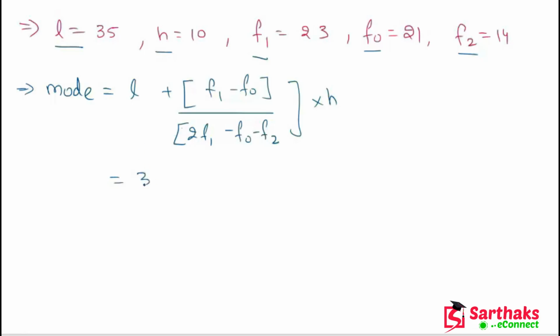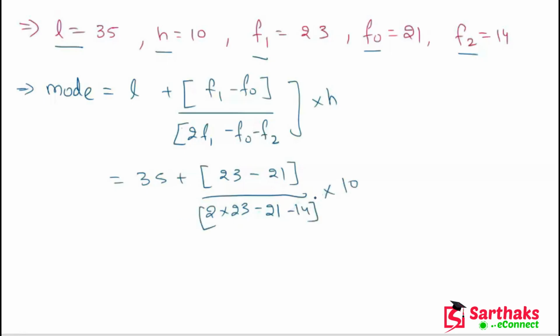So we have 35 plus, f1 is 23 minus f0 is 21, divided by twice of f1, means 2 into 23 minus 21 minus f2, we have 14, into h which is 10. So this will become 35 plus 2 divided by, if we solve this we get 11, into 10. I hope you get this point.